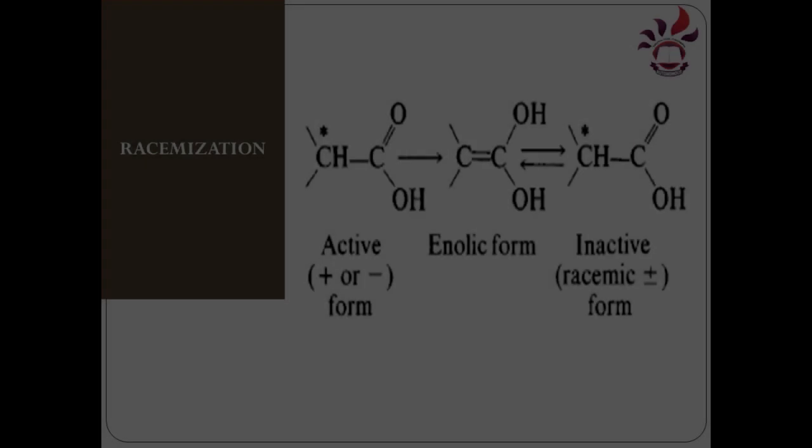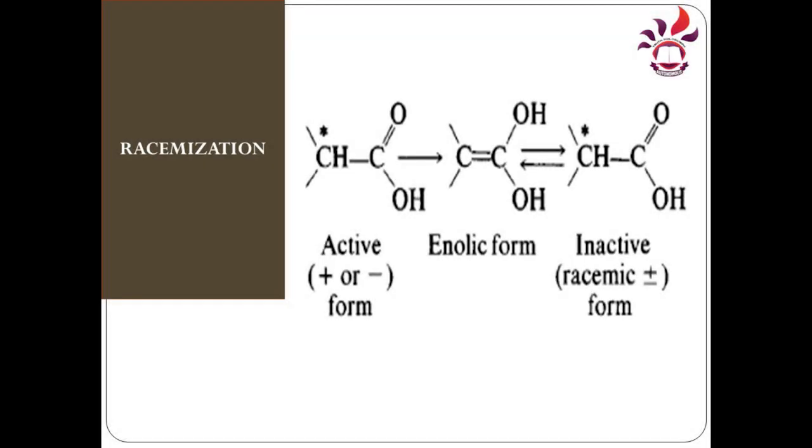Then the proton migrates back to the carbon atom. The process can involve the opening of the double bond and produce the original configuration or its opposite. From the active form, it produces an enolic form, and from this enolic form, it produces the inactive racemic form.